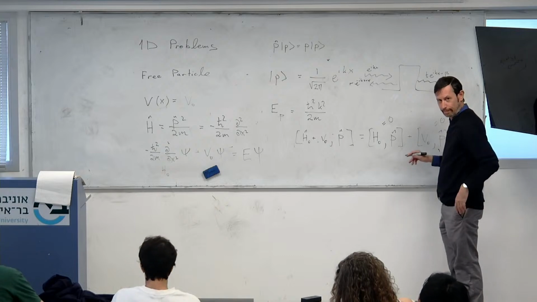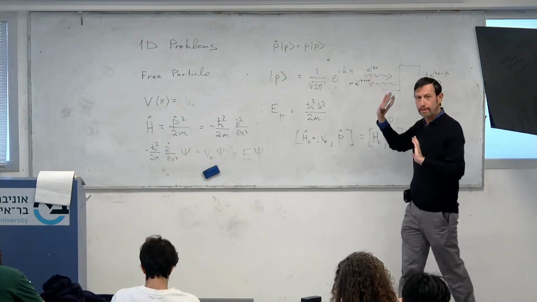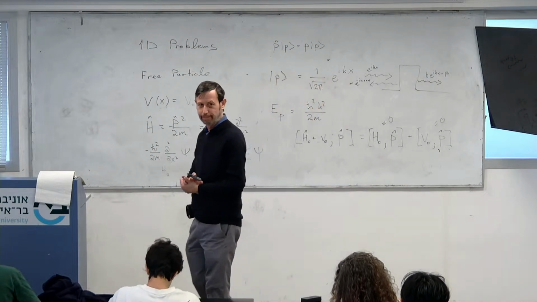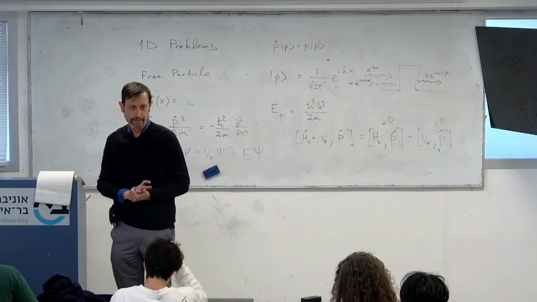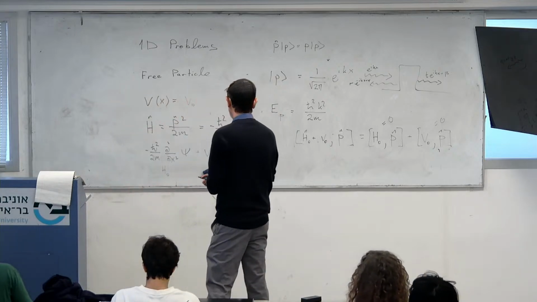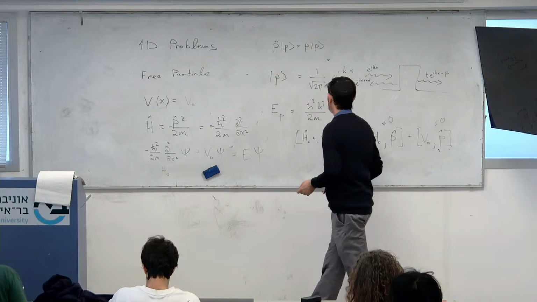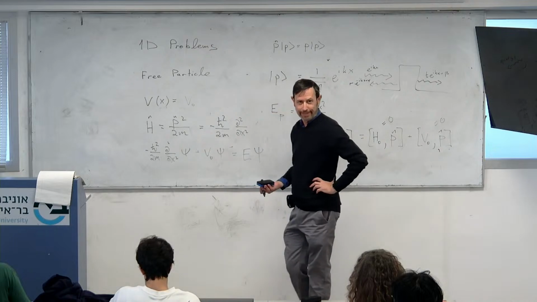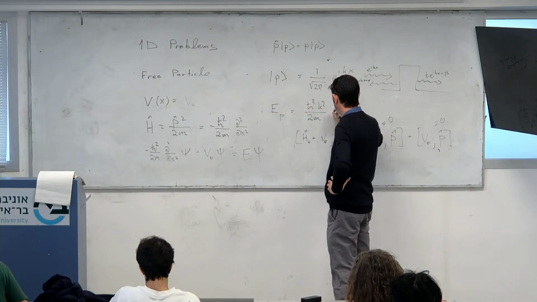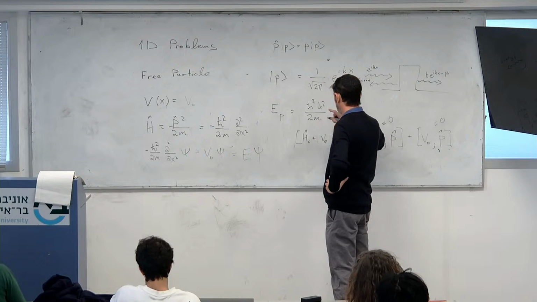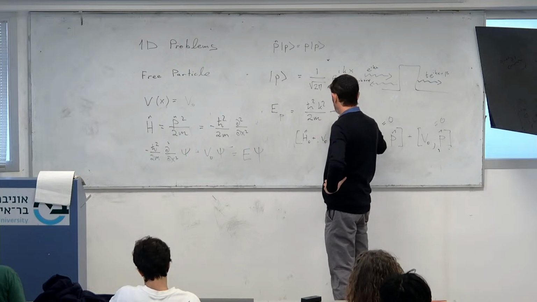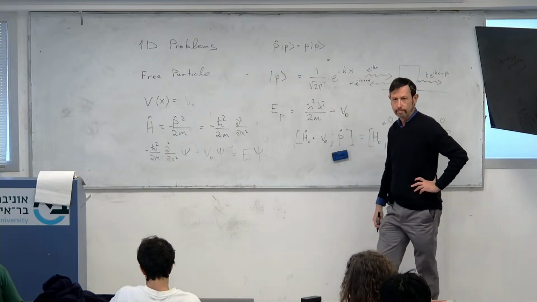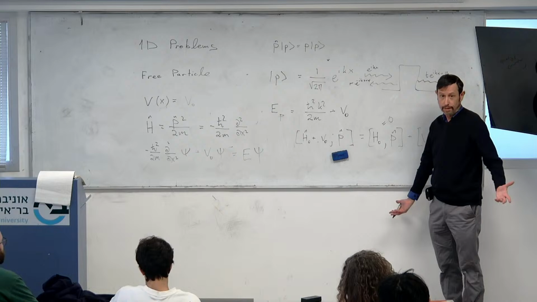It's a number. So these are still my eigenvectors. Everything's good. The only thing that changed is the labeling of the eigenvectors, or if you want, the energy. Right? That's the only thing that changed.